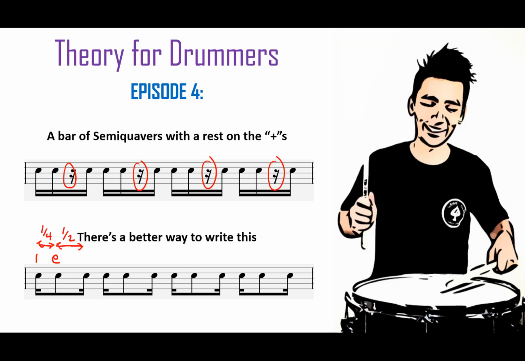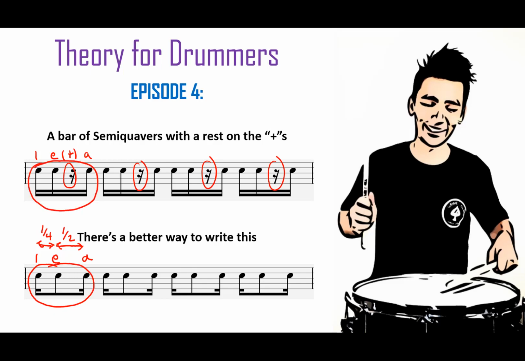Now the last quarter of the beat is the And so we've played a rhythm here that is 1 E and then the next note being the And. That is the same as playing 1 E, resting on the and then playing the And. And so this is the same as this.